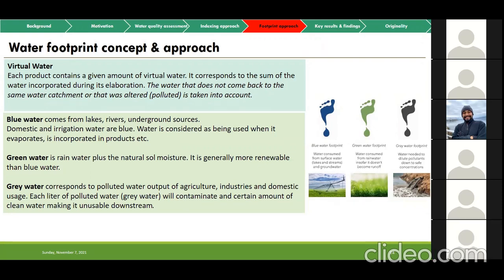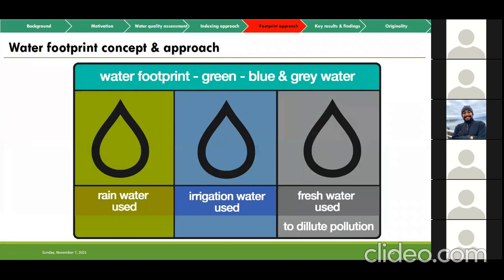So if you say that a system has a high gray water footprint, it means the polluted water that system is producing is either very highly contaminated or has a very high load. So it's a simple concept, just pitched in a different way. And that is all about the gray water footprint. So simplifying it, these are the three concepts: rainwater, green water, blue water, and the fresh water.